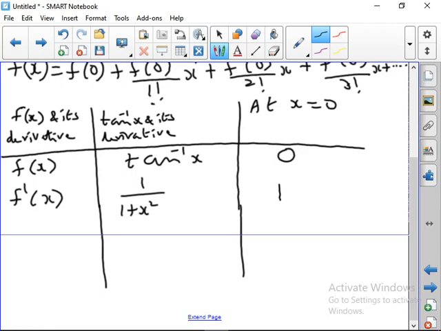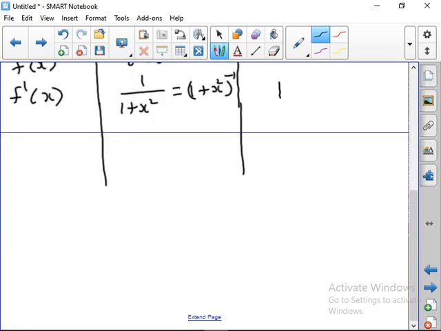Now, this 1 by 1 plus x square is nothing but 1 plus x square the whole power minus 1. So this we are going to use binomial theorem and write. When we use binomial theorem, this can be written as 1 minus x square plus x power 4 minus x power 6 plus etc. By binomial theorem.